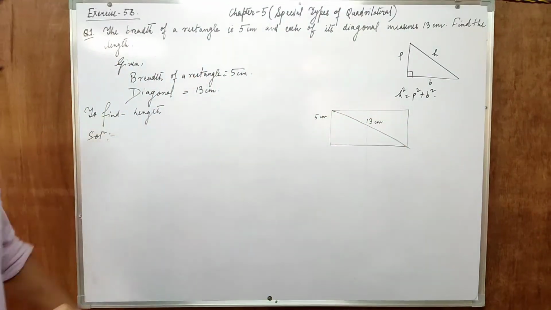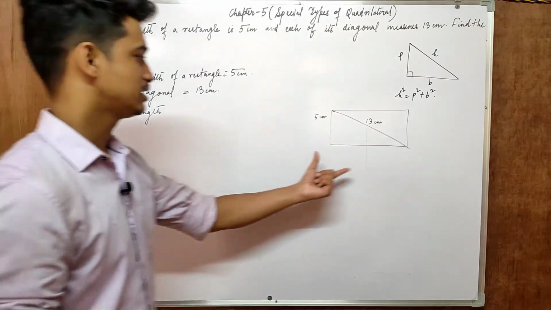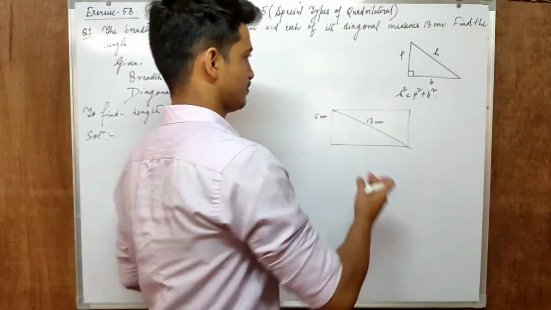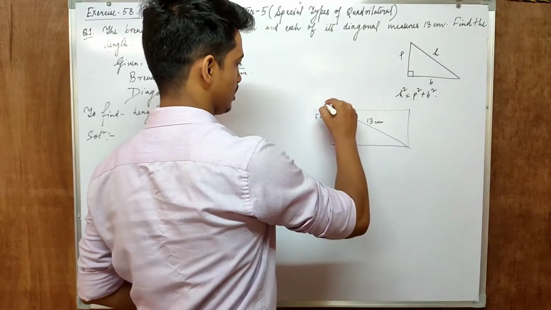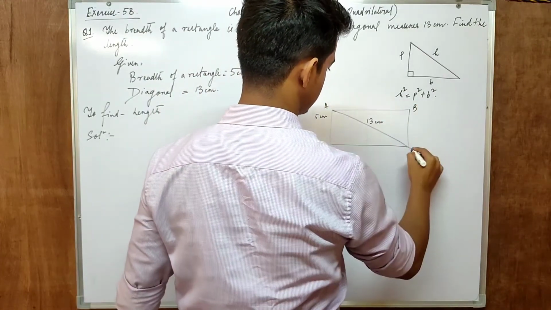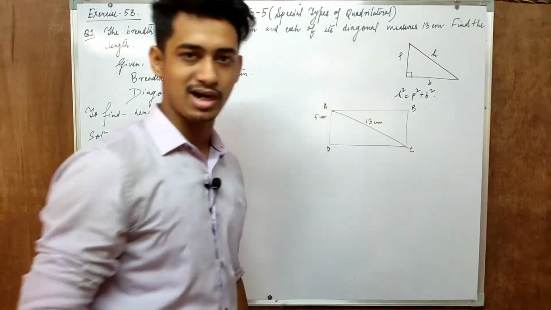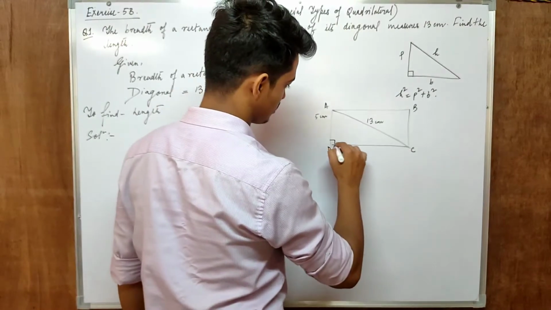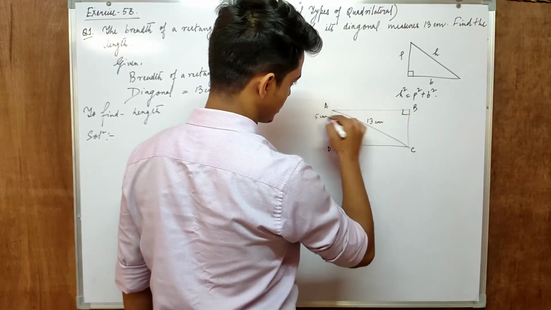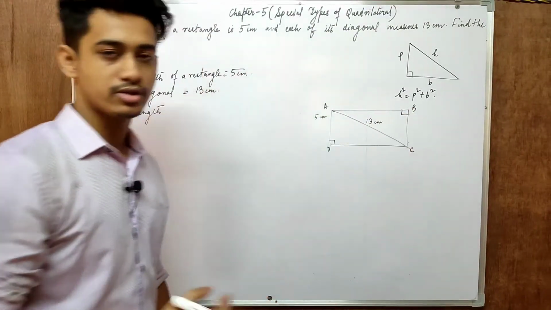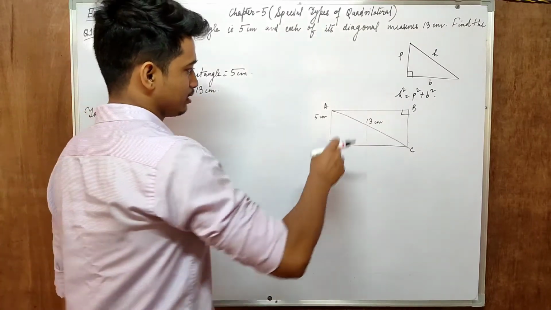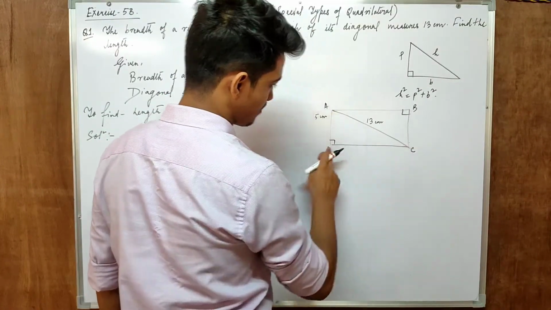We need to find the length. If you connect these, A, B, C, D, we know in a rectangle each and every angle is 90 degree. This is also 90 degree, this is also 90 degree. Now you see, what type of triangle is this?